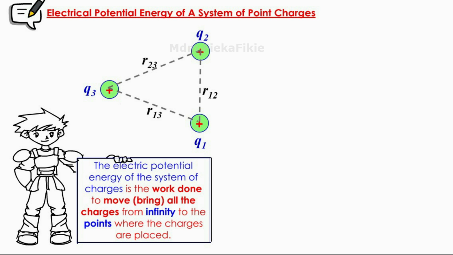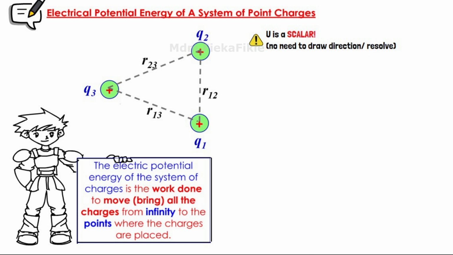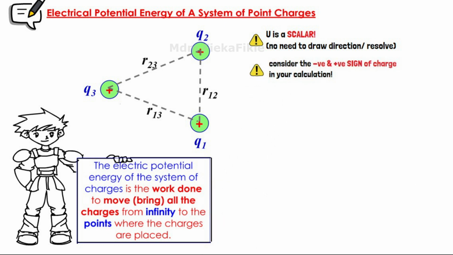So based on this diagram, we actually can calculate what is the electric potential energy of this system. Okay, but before that, remember, electric potential energy is a scalar quantity, so no need to draw direction ataupun resolve apa-apa. Okay, and the second point, so sama macam sebelum ni, you must consider the negative and positive sign of charge in your calculation.